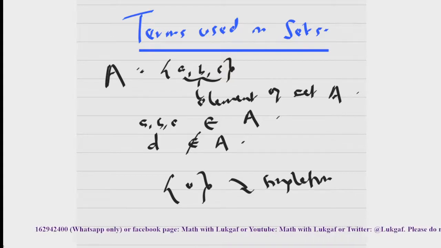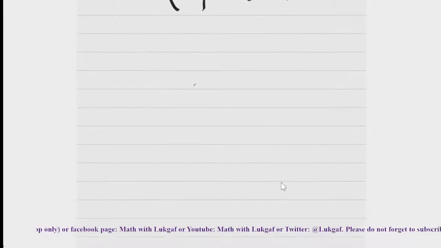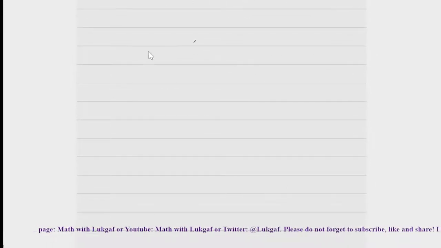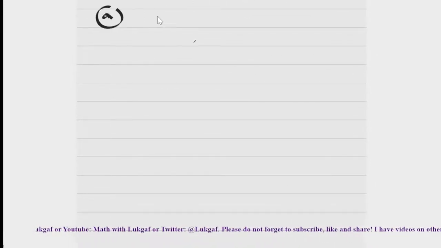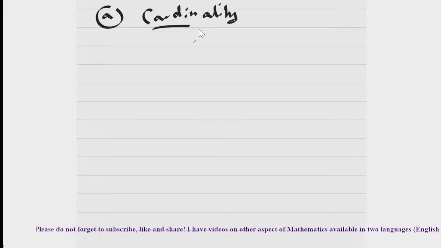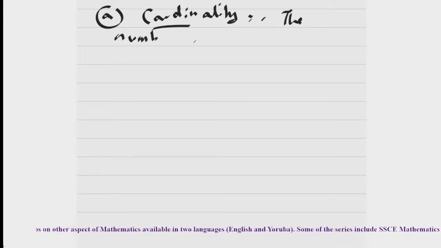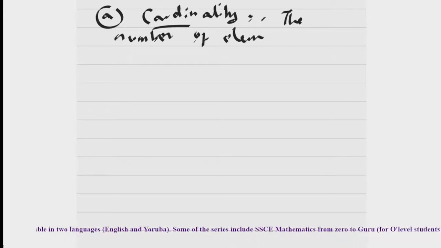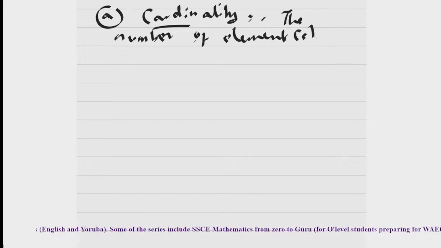So today I will start with terms used in sets. The first term I'm going to describe today is what we know as the cardinality of a set. I briefly described it in the last video. When we say cardinality of a set, that is the number of elements in a set. You understand now?